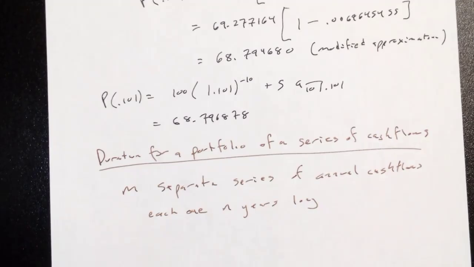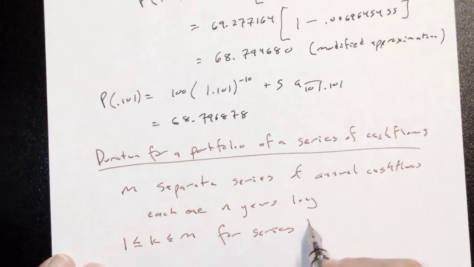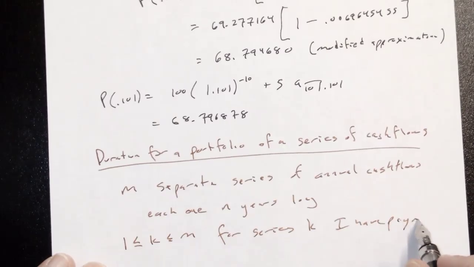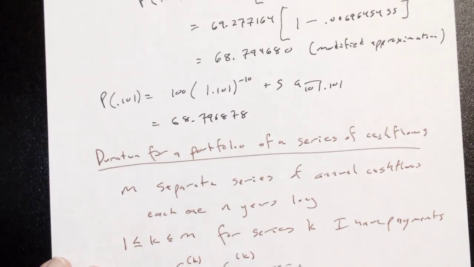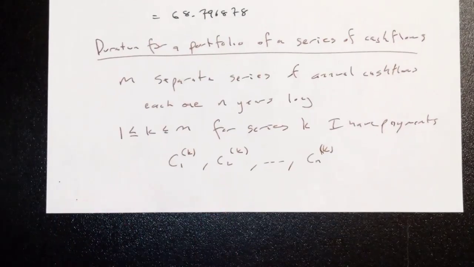I don't know how many of them I have, so that's M. So let's suppose that 1 less than or equal to K less than or equal to M. For series K, I have payments at year 1, 2, all the way up to N. So it'll be C1, C2, all the way up to Cn. And I'll put a little superscript K on this just so I know it goes with series K.